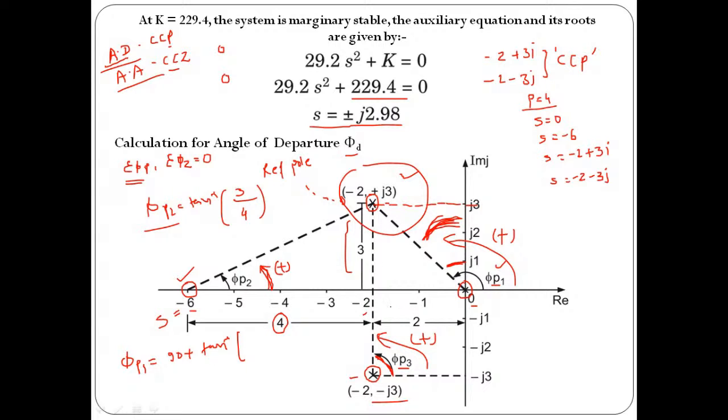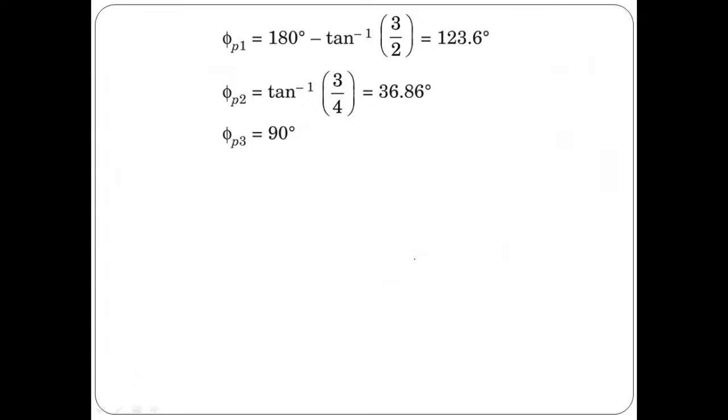Opposite is nothing but 2 divided by base, so base is nothing but 3. See, the base is 3, opposite is 2. That's it. So if you apply that logic, we can calculate the values of phi p1, phi p2 and phi p3.